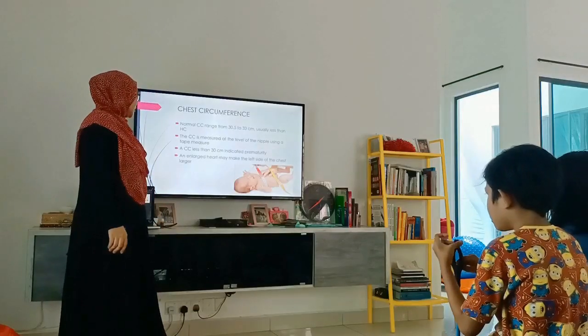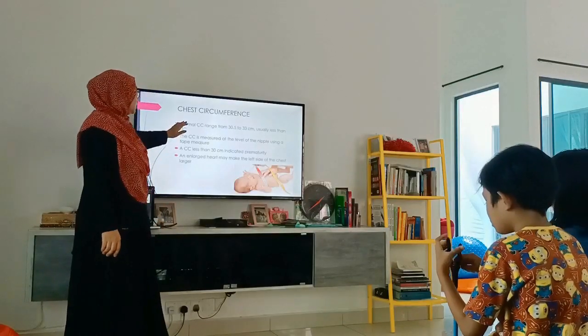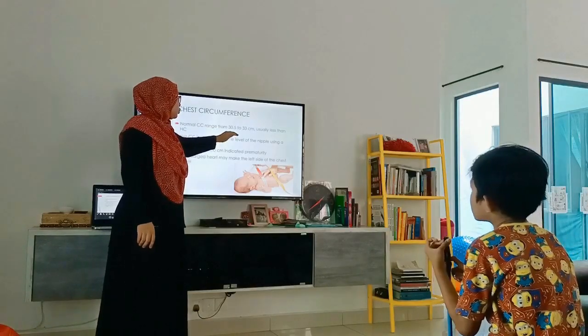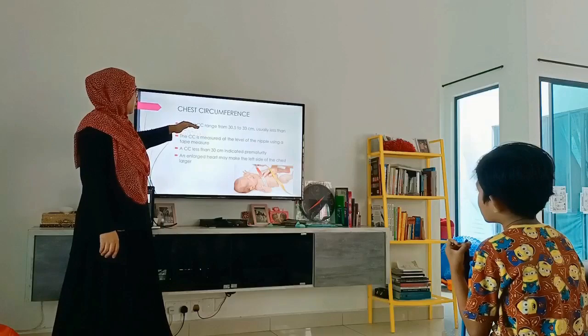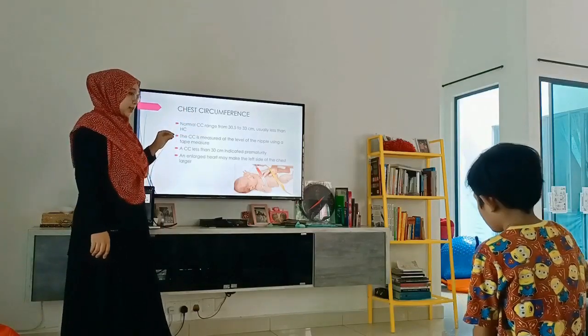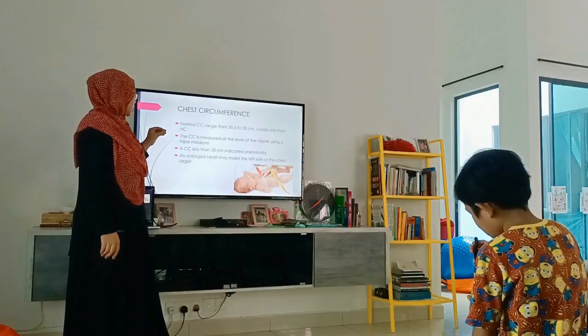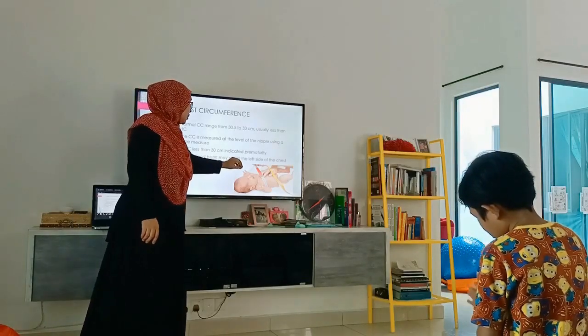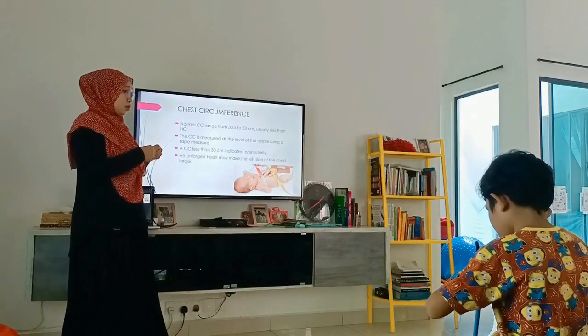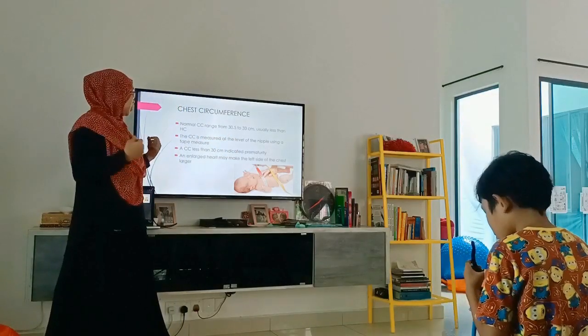Okay. For chest circumference, normal chest circumference is from 30.5 to 33 centimeter. Usually, the chest circumference is less than head circumference. Okay. Chest circumference is measured on the nipple line using the normal measuring tape.